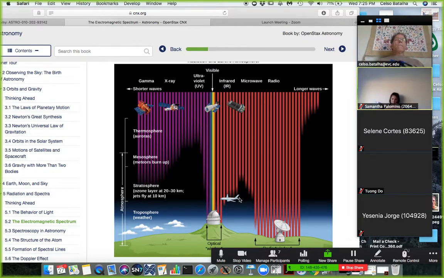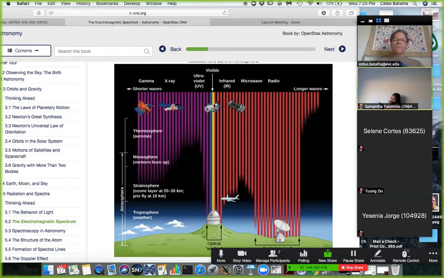Therefore, if you want to do any science that involves microwave radiation, then you have to use space technology, so that you are flying and putting your detector above our atmosphere, which works as a filter to this type of radiation. The visible light is not a problem. It goes all the way to our telescopes, although the atmosphere interacts and interferes slightly with the image, and there are phenomena called seeing.